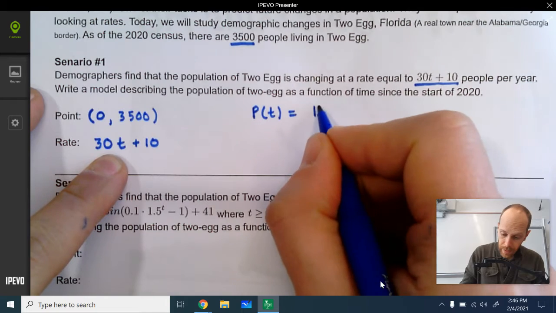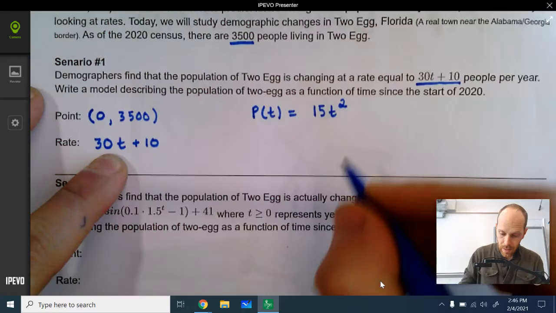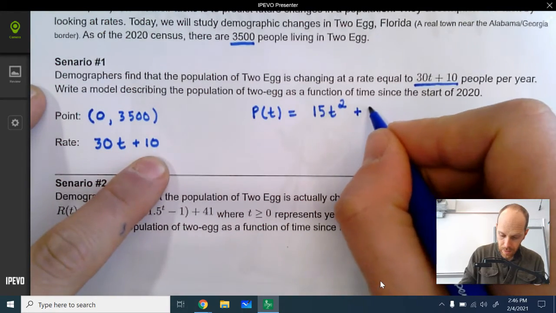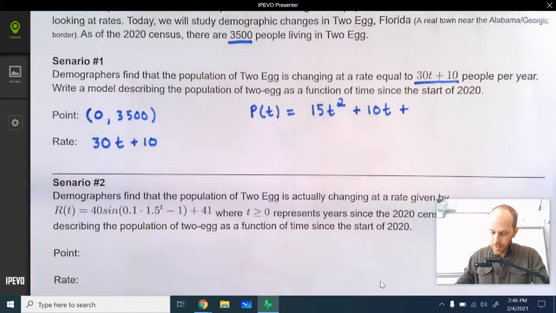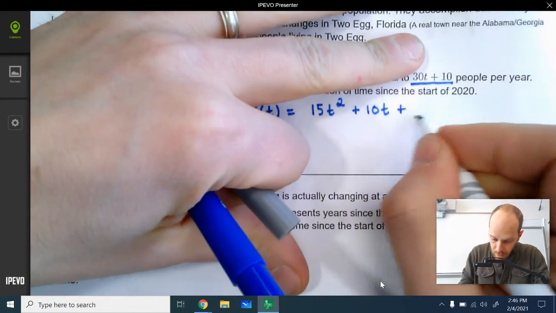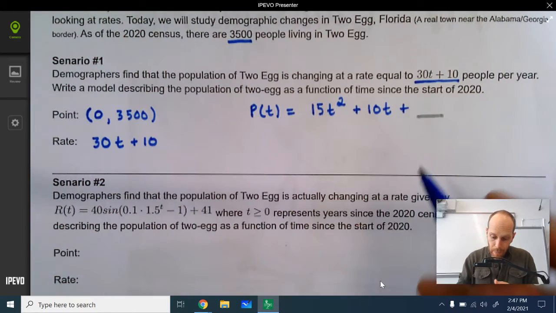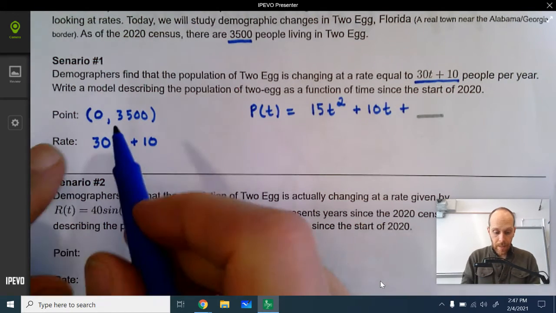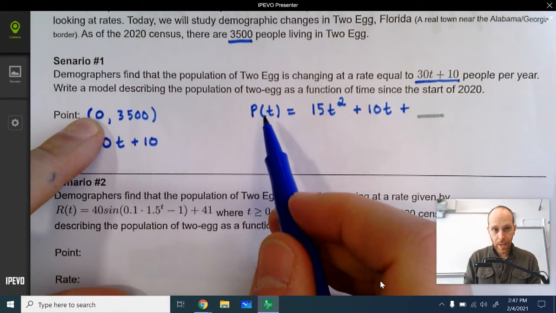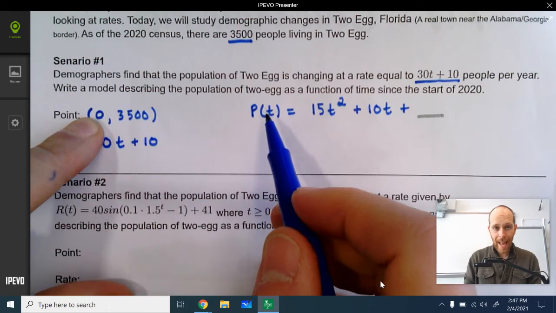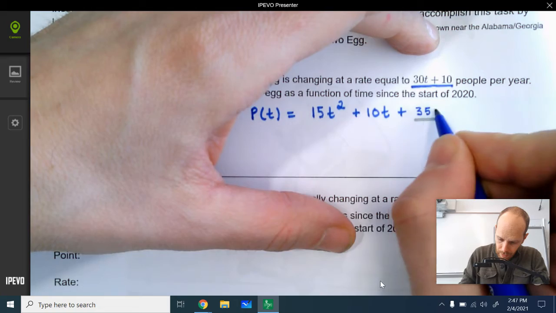The antiderivative of 30t is 15t squared plus 10t plus the constant. But we know what the constant is, don't we? That's what the point was for. We know that when we plug 0 in for the population, the output has to be 3,500. So this is going to have to be 3,500 right here.